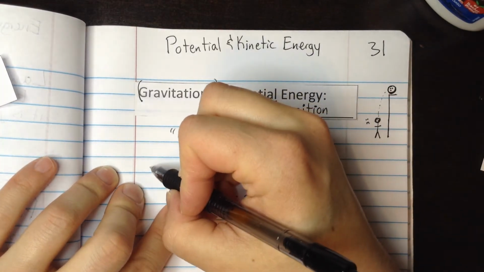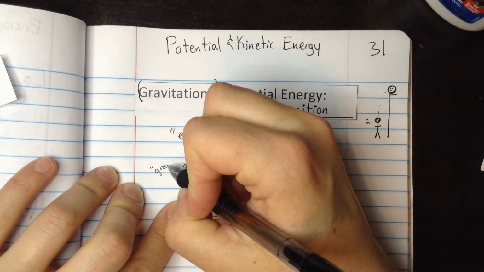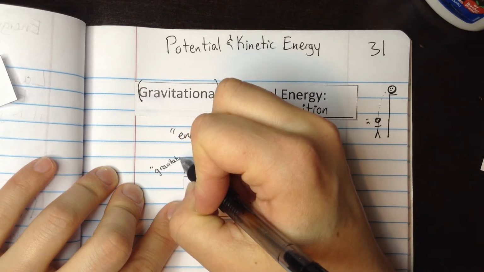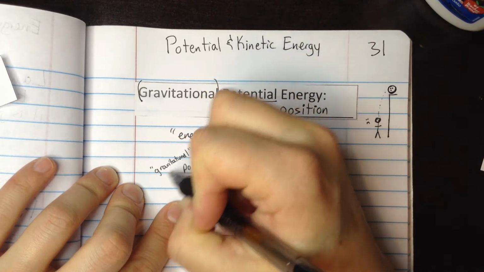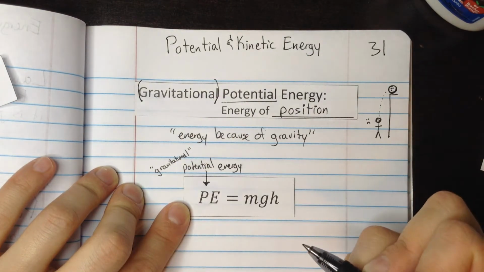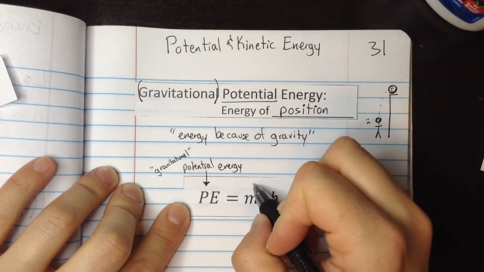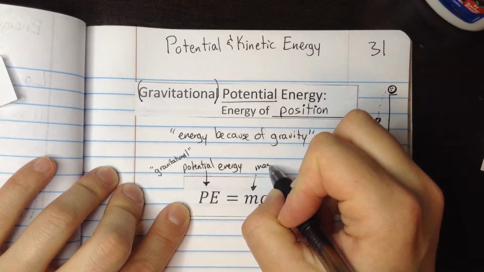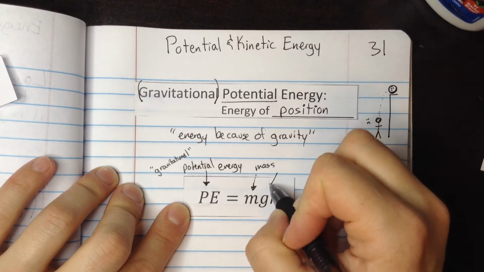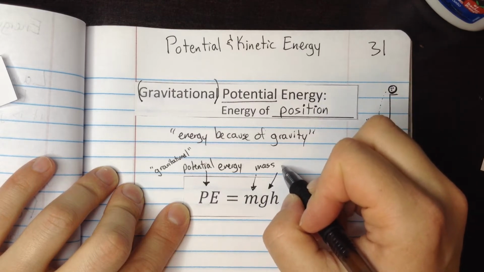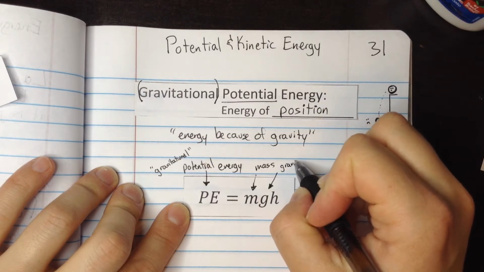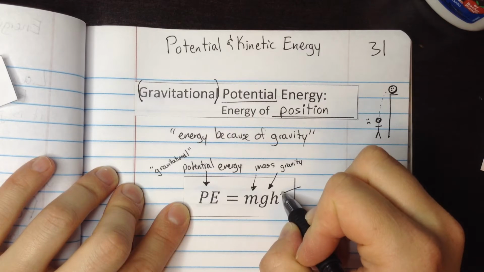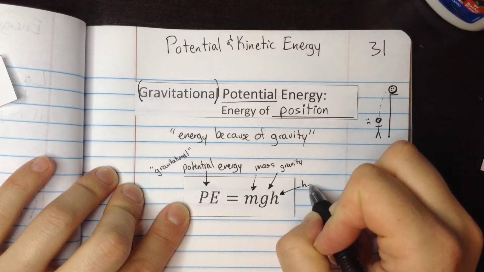Okay? But we actually know this is gravitational potential energy. Okay? M, we should all know what that stands for. Mass. G stands for gravity. And H stands for height.